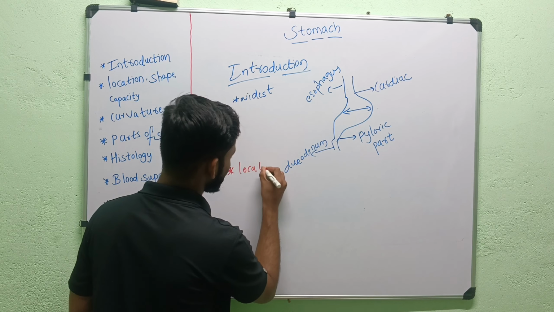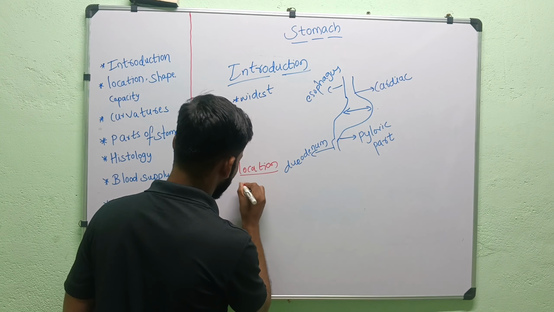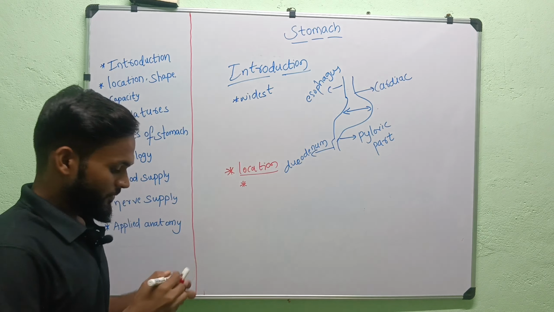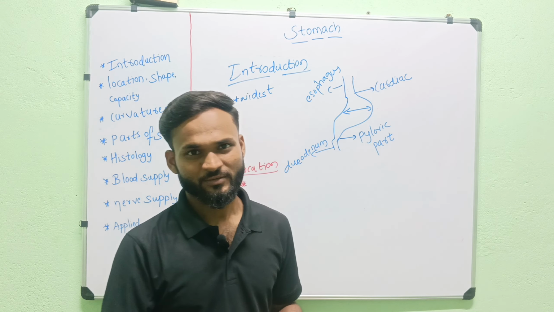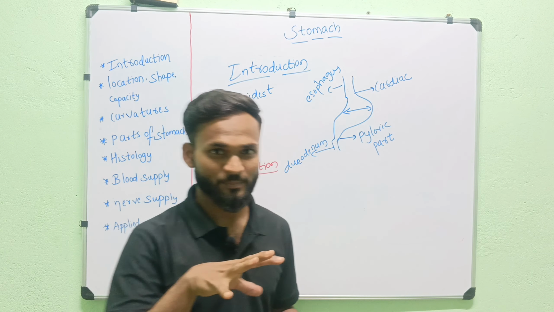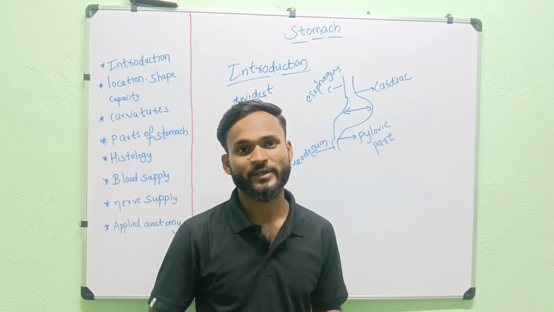Location. Your stomach occupies most of your right hypochondrial region, epigastric region and left hypochondrial region.